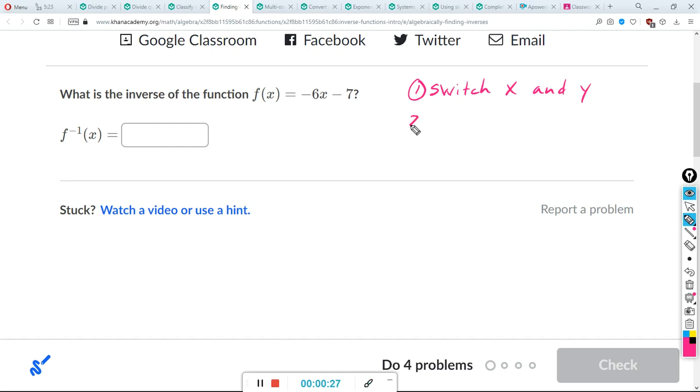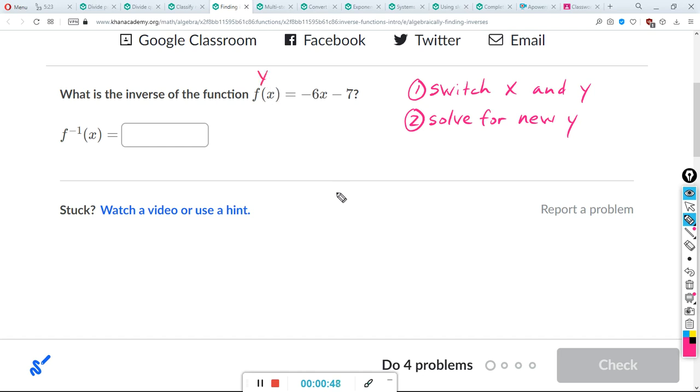And step two is to solve for the new y. Alright? So remember, I said for f of x, that's just a fancy way of writing y equals.